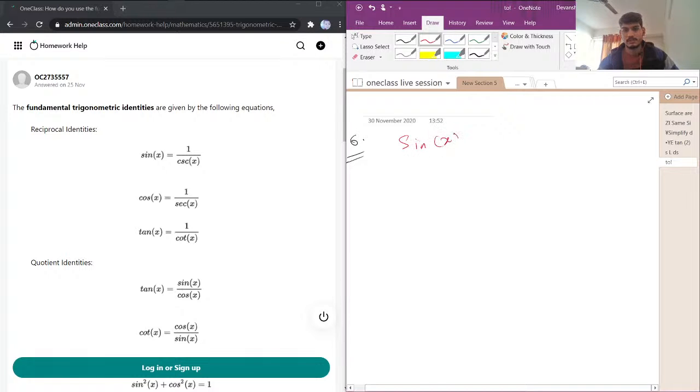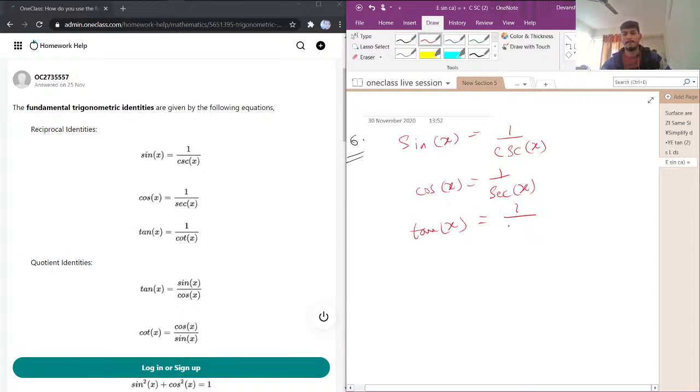So sine of x equals 1 over cosecant of x, then cosine of x is 1 over secant of x, then tangent of x equals 1 over cotangent of x, then tangent of x is sine of x over cosine of x, cotangent of x is cosine of x over sine of x.